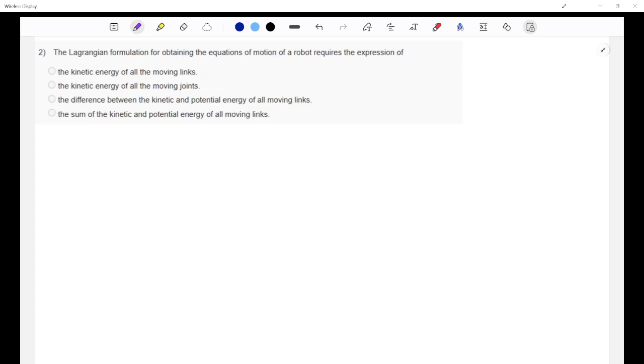Can anyone tell the answer? This is easy, we did a complete question on this. Difference between kinetic and potential energy. Very good, it's the difference between kinetic and potential energy of the moving links.